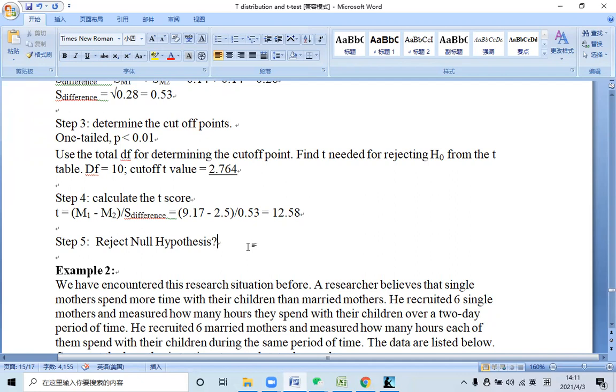And we support the hypothesis that the inexperienced parachuters would have more fear, a higher level of fearfulness, than experienced parachuters.